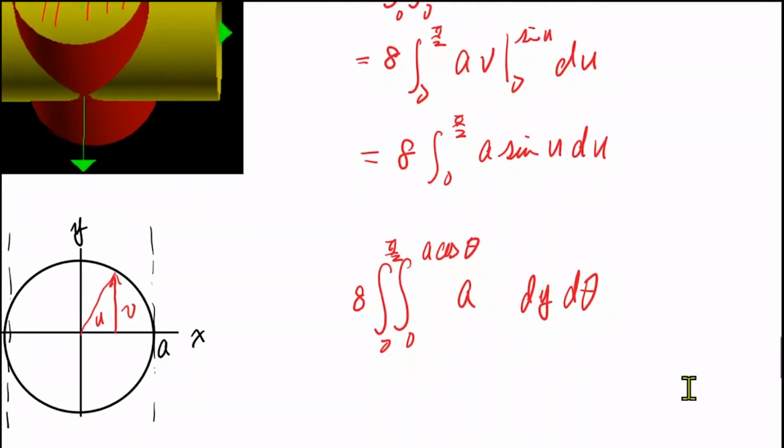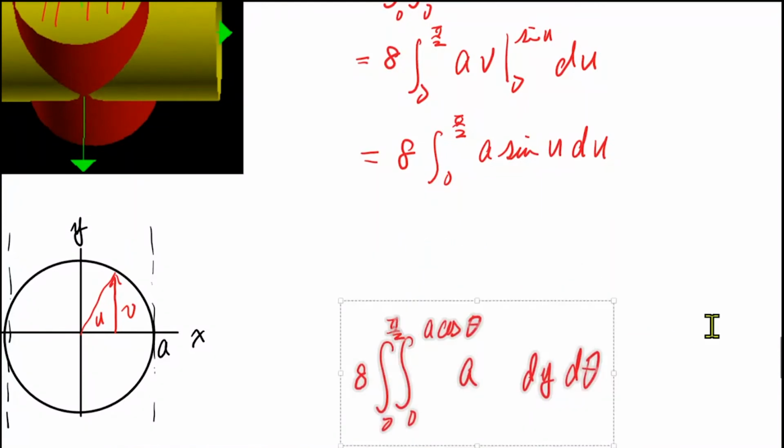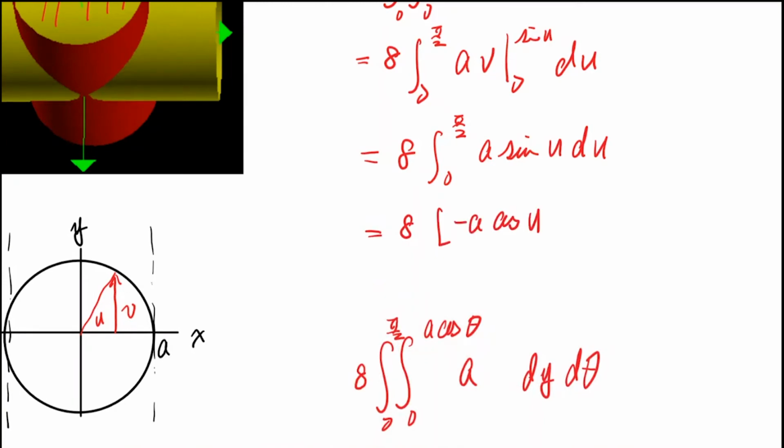Okay. Eight here. This is negative cosine. Oh yeah, it's going to work out. It's a different setup.